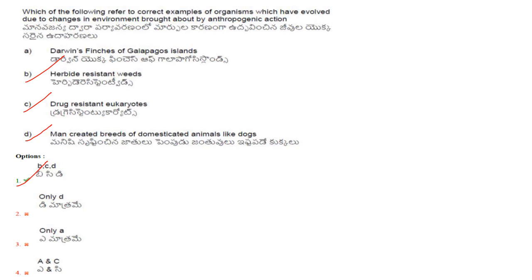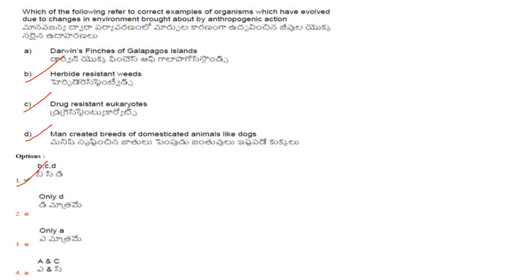These actions can have impact on the evolution of species, like the use of excessive herbicides in the field leading to the plants developing resistance to them. Then constant use of drugs can lead to eukaryotes developing resistance to them. Then artificial breeding of animals and domestication of dogs, all these are results of human activities, done only for the benefit of humans, that is for increased yield and betterment of human life.